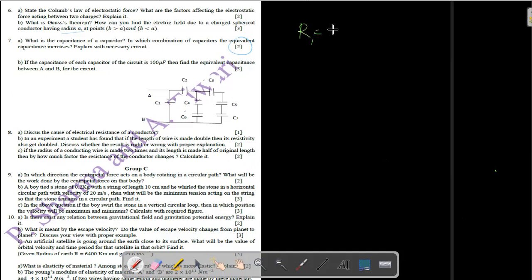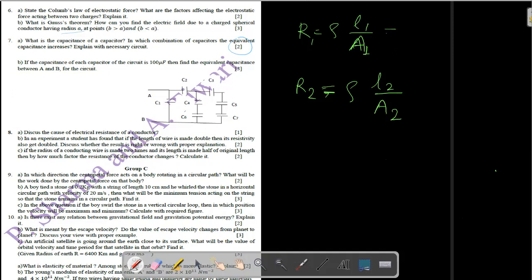Resistance for the first wire is rho L1 by A1, resistivity remains constant, so I have written rho as it is. In the second case, R2 is rho L2 by A2. Now see the question once again: radius of conducting wire is made 2 times.